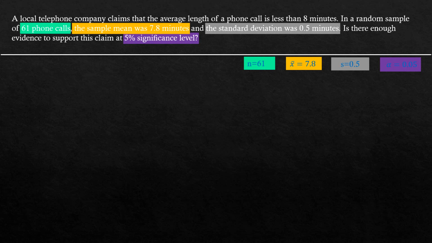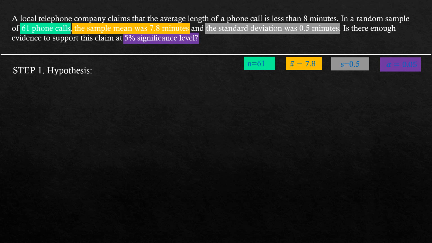What is the first step? Write the hypothesis. Before you write the hypothesis, go back to the claim. What is the claim here? The company claims that the average length of a phone call. That means the population average length.